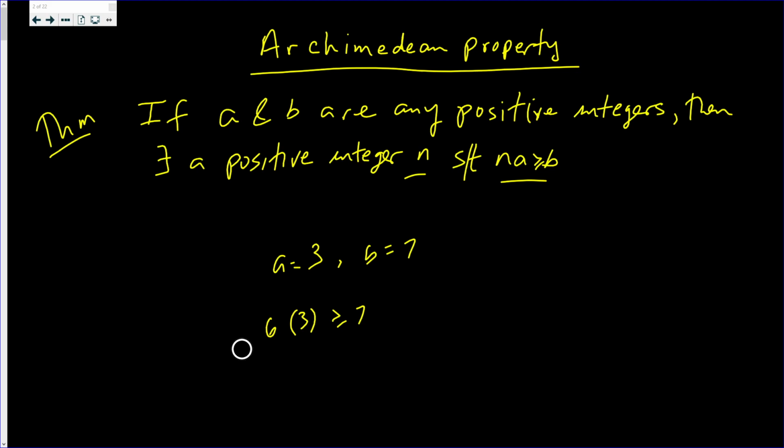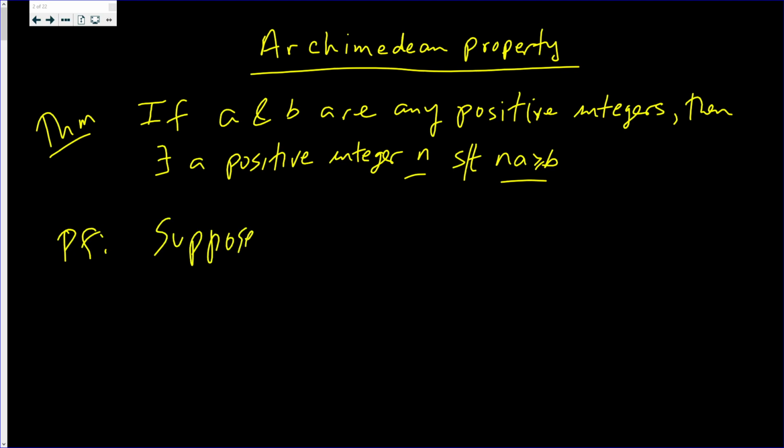Now, we're going to prove this by contradiction. Proof. Suppose otherwise. Well, what does that mean? That is, n times a is always less than b for any a, no matter what, for any n.